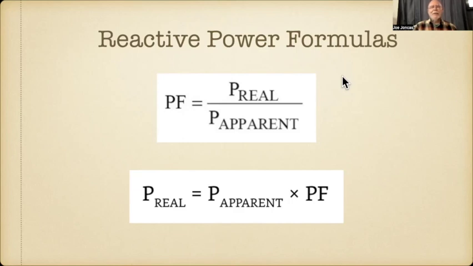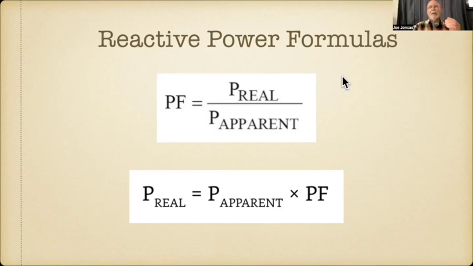So if you've got a motor and the power factor is 80%, if it's drawing, we'll just say, 100 watts, then the real power being used would be 80 watts. So let me make sure I said that right.